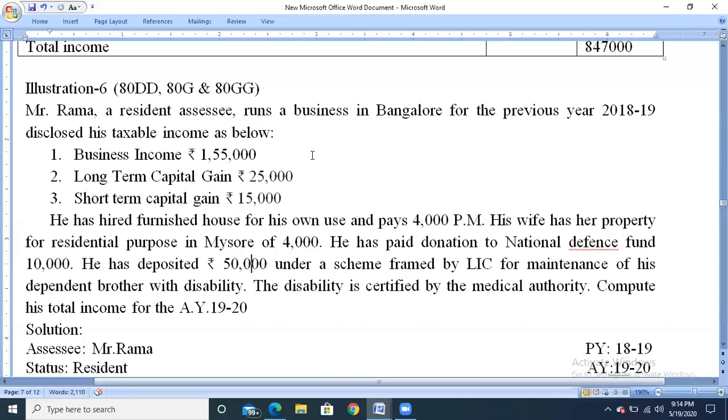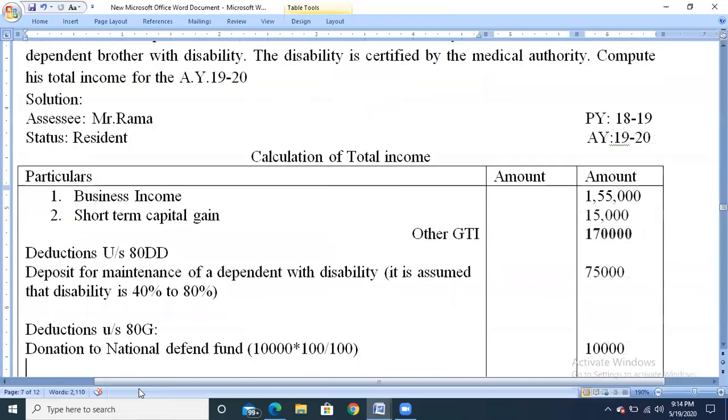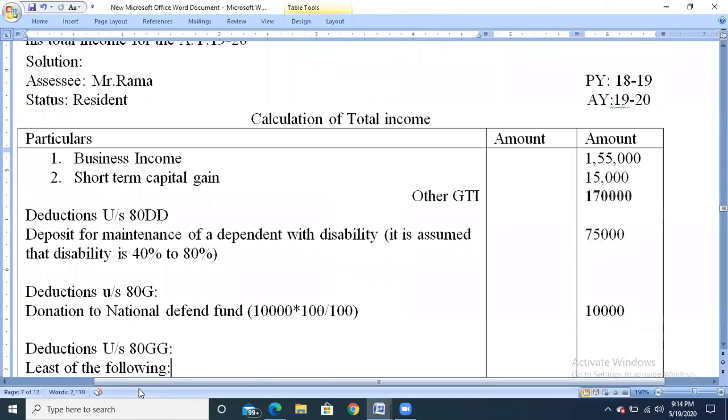Such amount can be claimed as deduction under section 80DD. Now compute the total income for the assessment year 1920. Assessee Mr. Rama, status resident, previous year 1819, assessment year 1920. Calculation of total income.